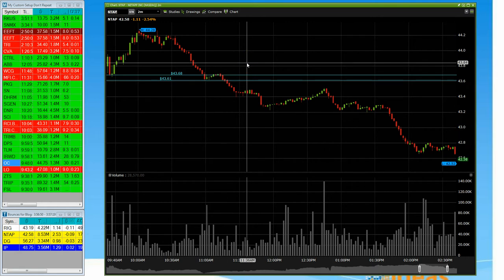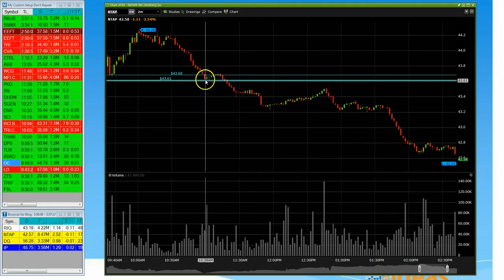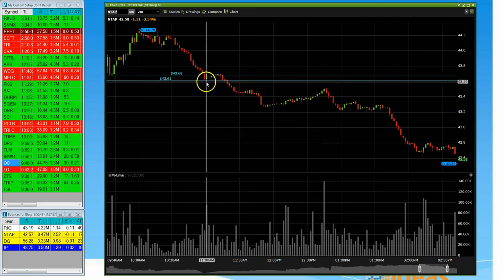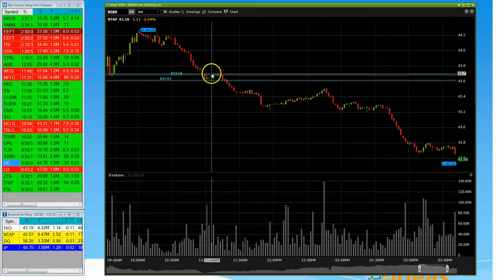Now, one of the things I do like about this particular strategy is that generally, when I get into the trade, I have a decent stop. I was basically going to stop myself out at the low of that last red candle, and so I had a 7 cent stop in place. So I didn't need to get too much for a decent risk reward.